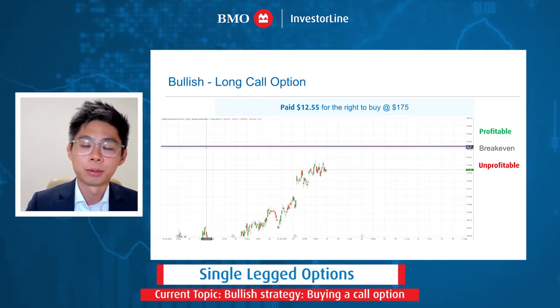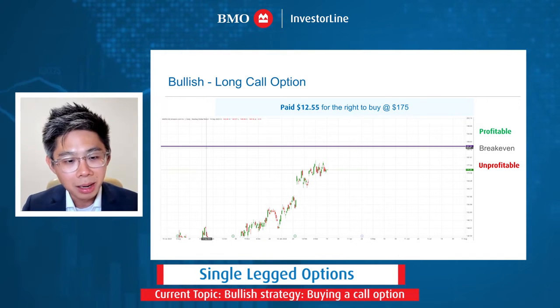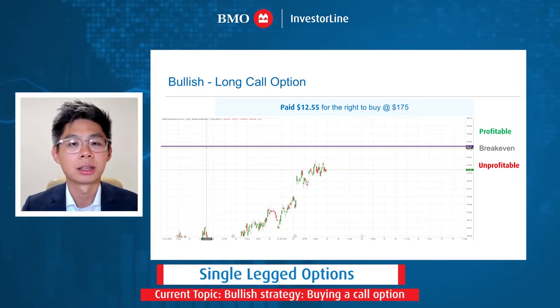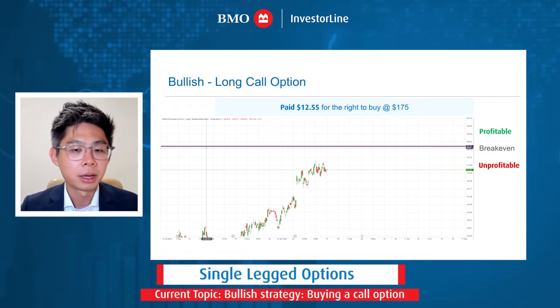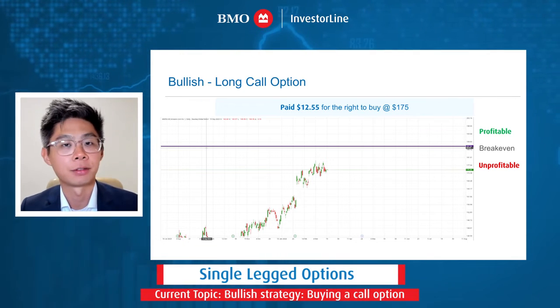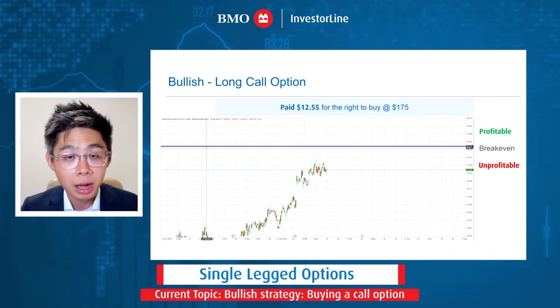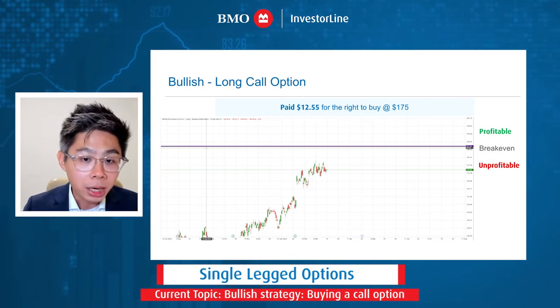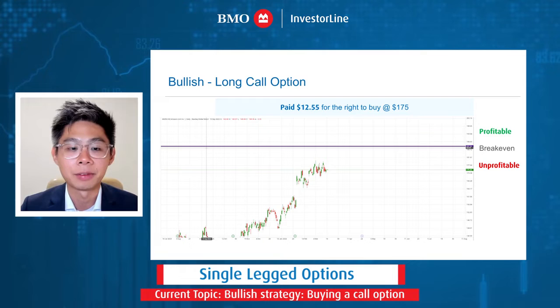So, as I said before, just calling a call option bullish, in my opinion, is not particularly enough information, because if you buy a $175 call option, but you have to pay $12.55 for that call option, then the break-even price of your position is actually $187.55.